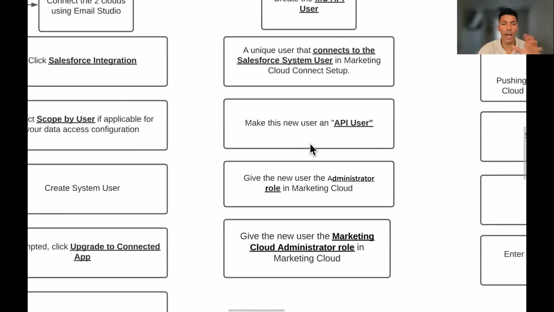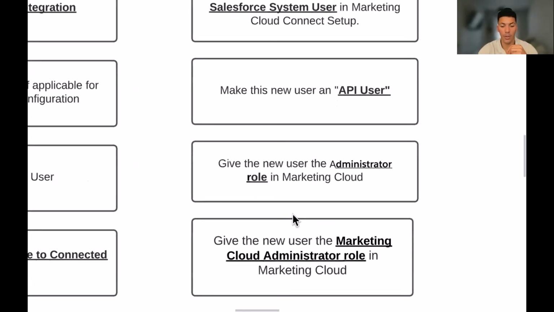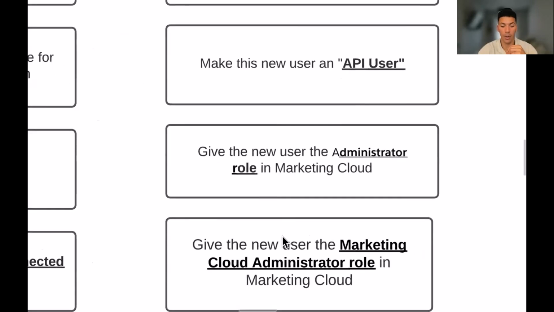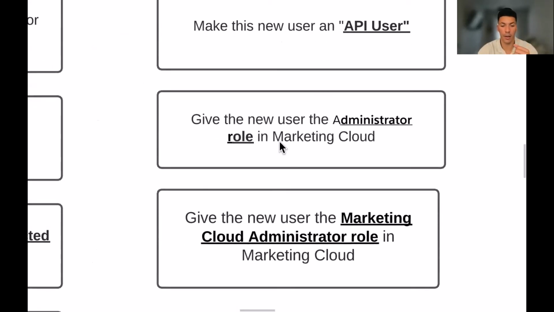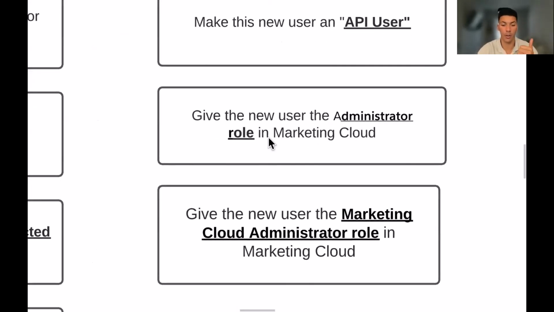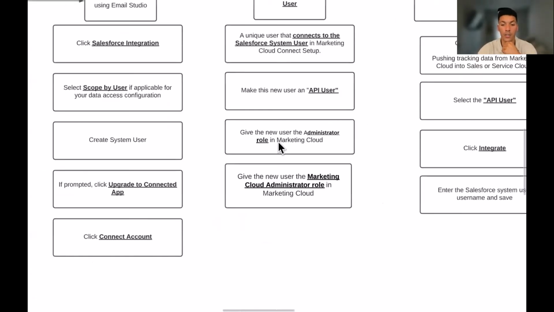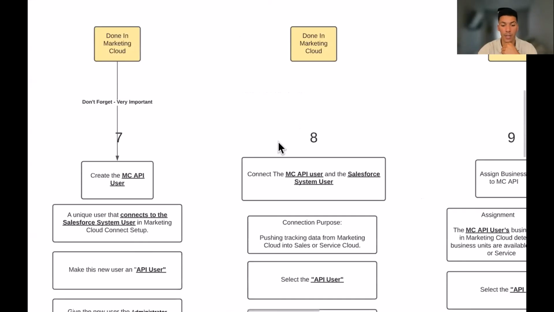Once you do that, you need to give that Marketing Cloud API user 2 different roles inside of Marketing Cloud, which are the Administrator role in Marketing Cloud and the Marketing Cloud Administrator role.